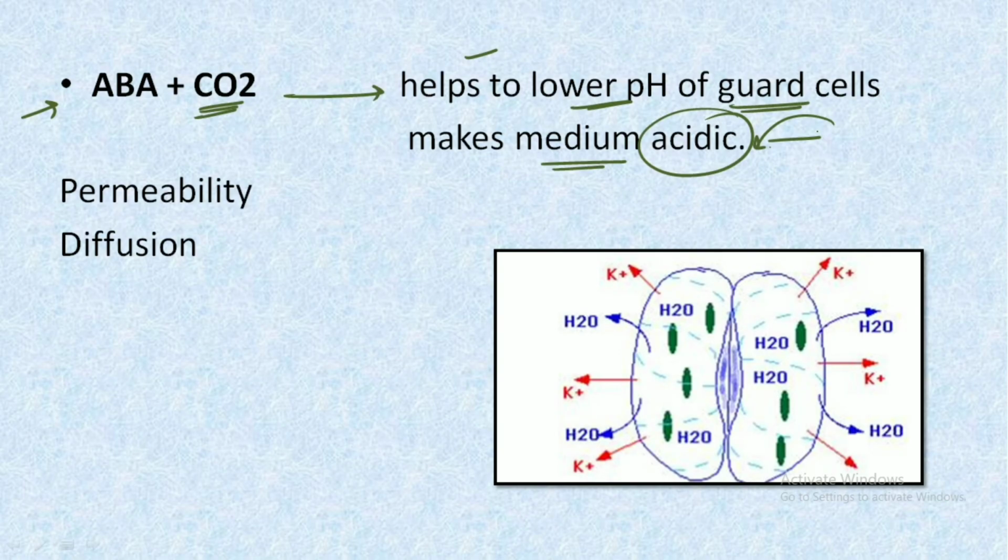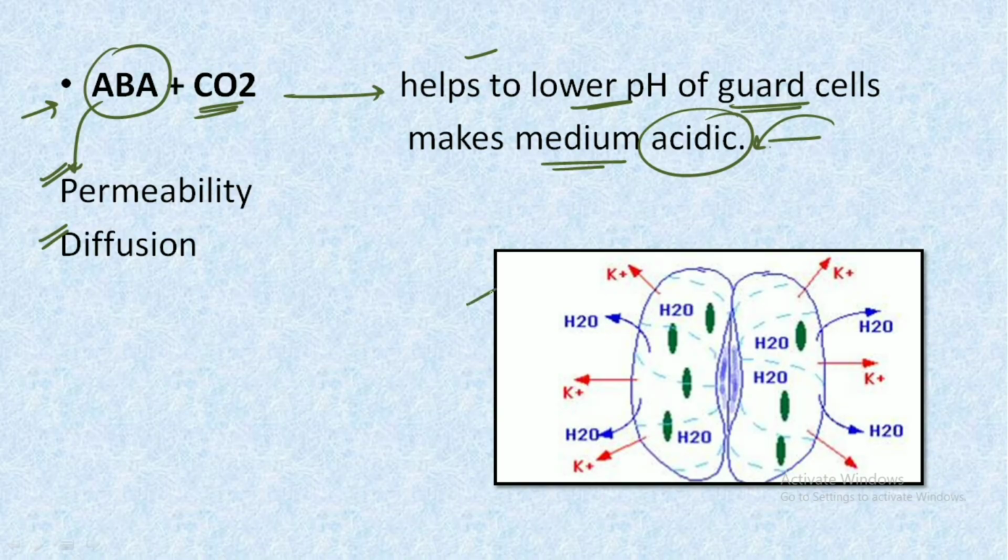In the opening mechanism the medium became basic or alkaline in nature, but in the closing mechanism the medium converts into the acidic form, and abscisic acid helps to change the permeability and the diffusion of the guard cells, which helps in stomatal closing.